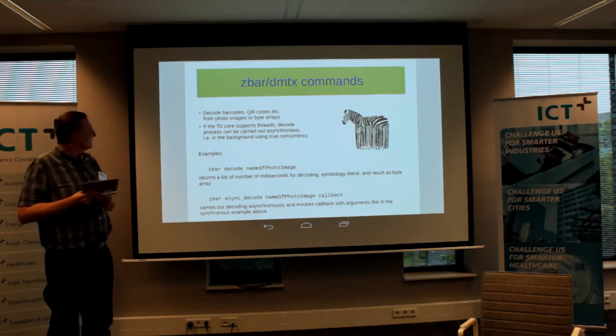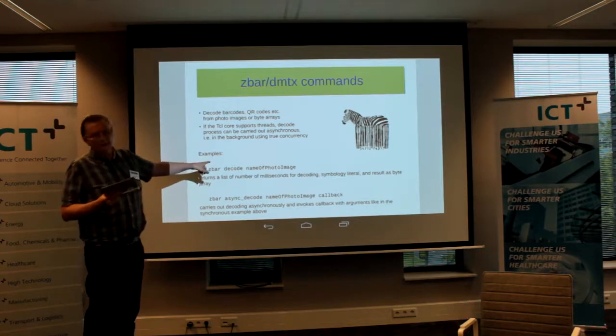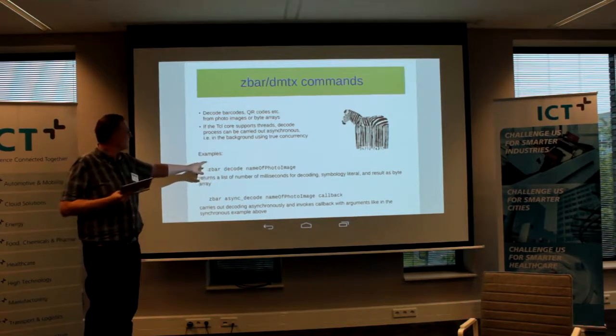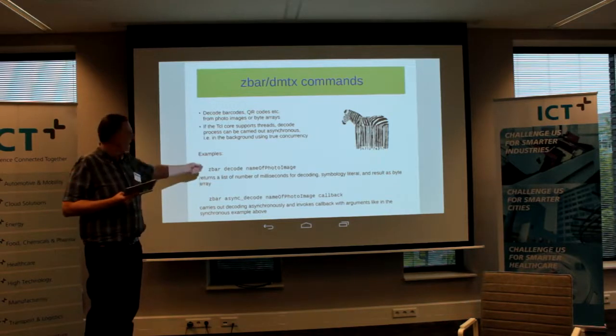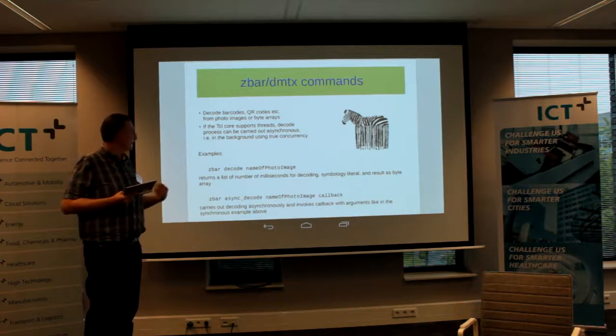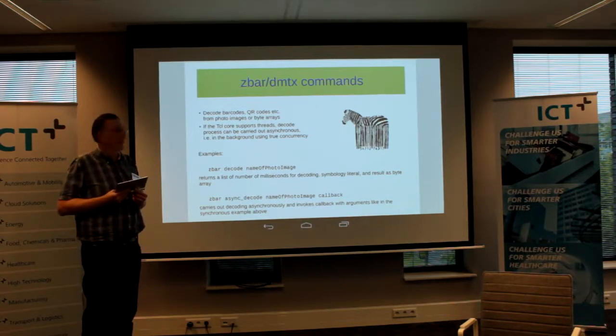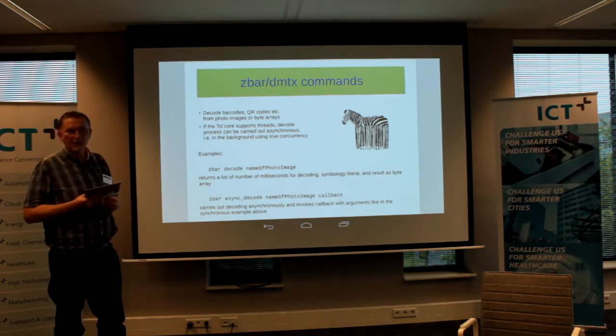And the idea is you give the library one reference to a photo image. It takes the photo image and decodes the barcode out of it and returns it as a result, as a string, with some other information, for example, the number of milliseconds for recognition or the kind of symbology which was detected.